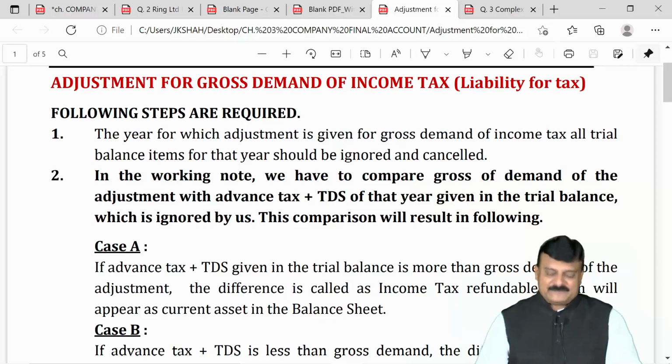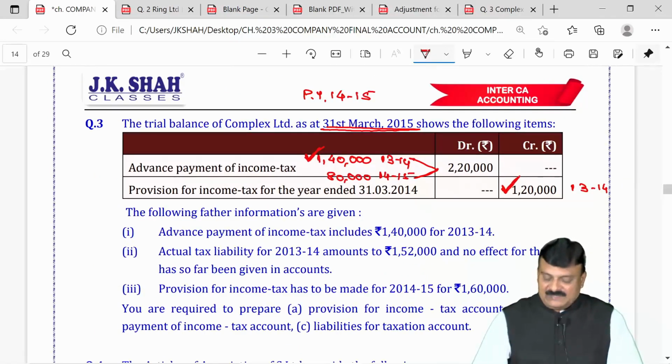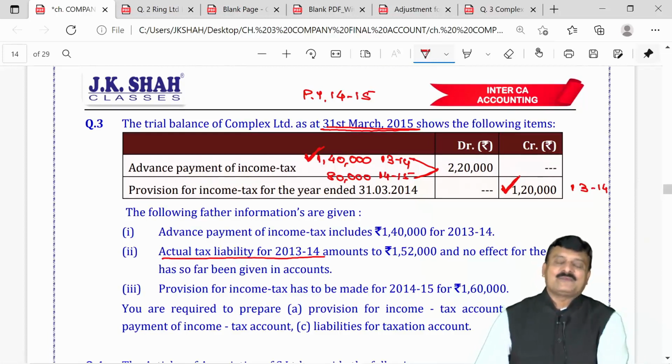Following steps are required. Adjustment for gross demand of income tax, liability for tax. Step 1. The year for which adjustment is given, like in our sum it was 13-14. For gross demand of income tax, all trial balance items for that year should be ignored and cancelled. So, first step, assessment is given for the year 13-14, right friends?